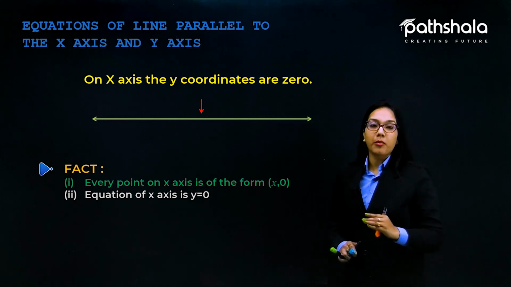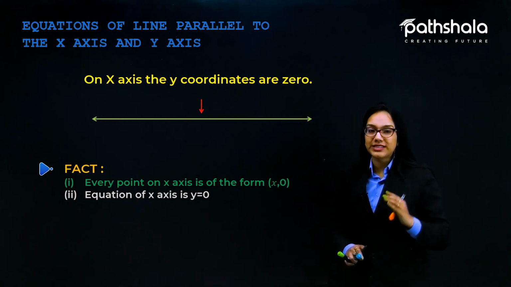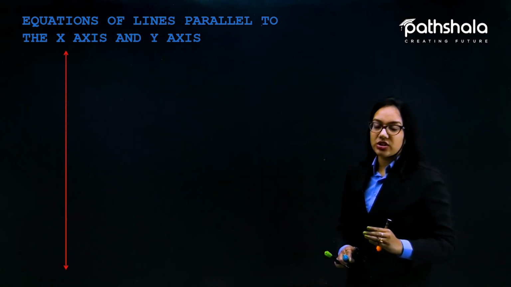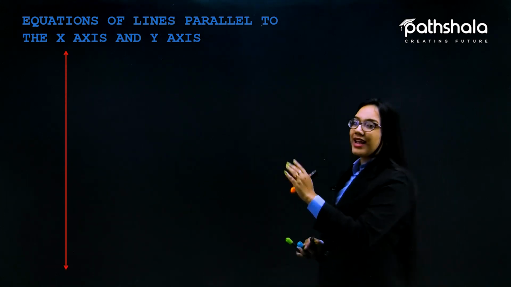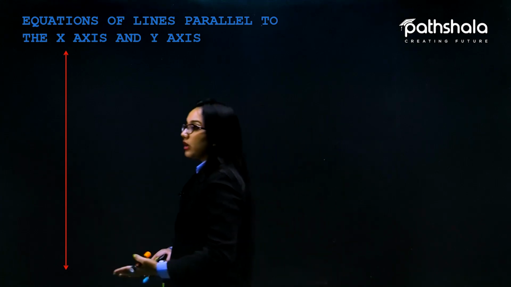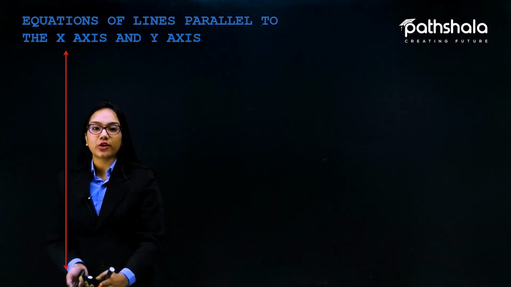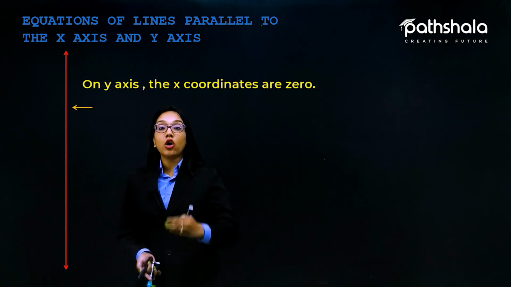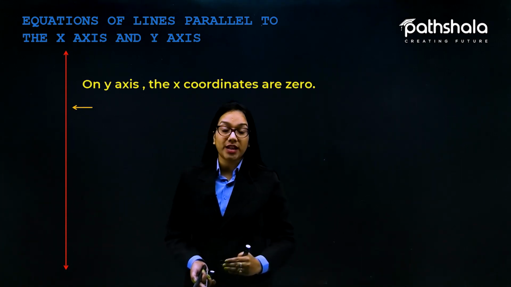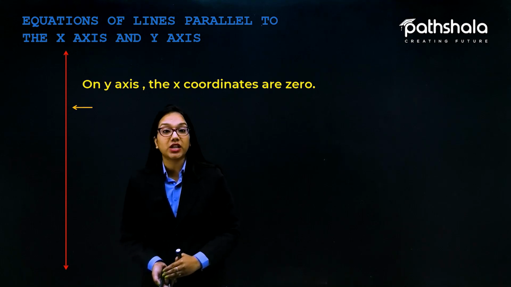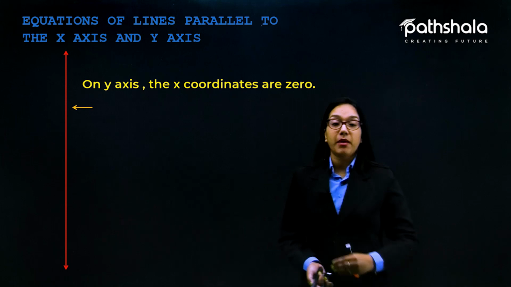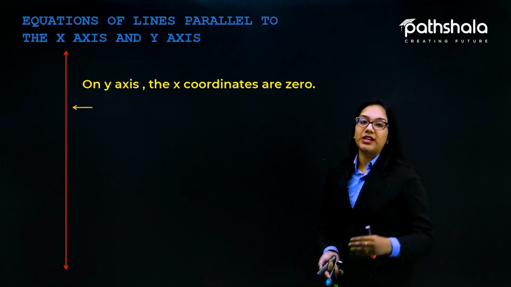Now in a similar manner, let's talk about the y-axis. The y-axis is this vertical line, which is represented by y dash, and on the y-axis, always remember the x coordinates are 0.